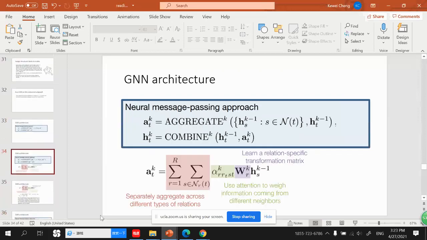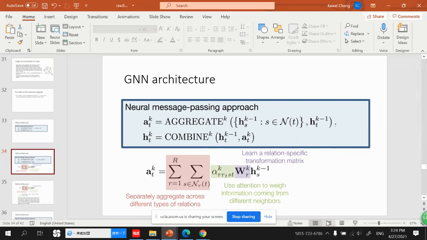But here, since we are trying to handle a multi-relation graph instead of a homogeneous graph, we have to handle the multiple relations along the path. So in order to handle this, inspired by the RGCN, the aggregation function can be written in this way.